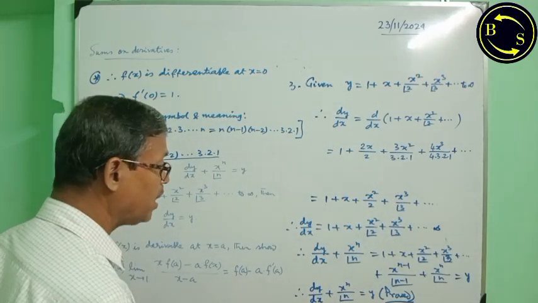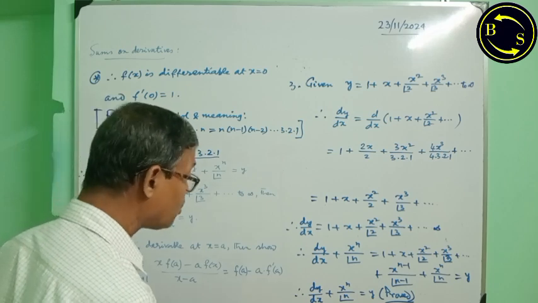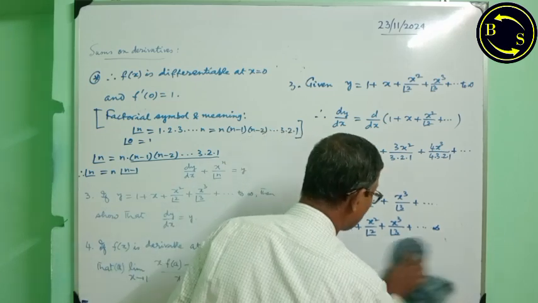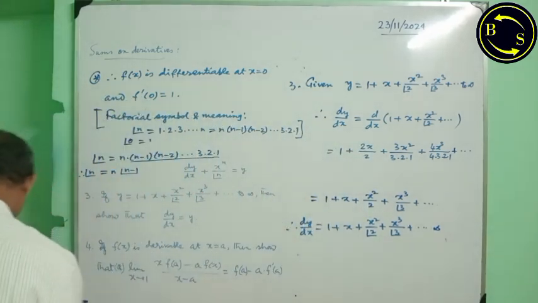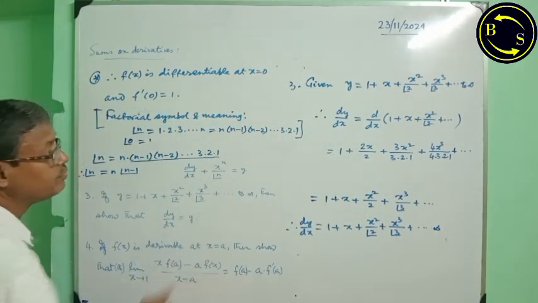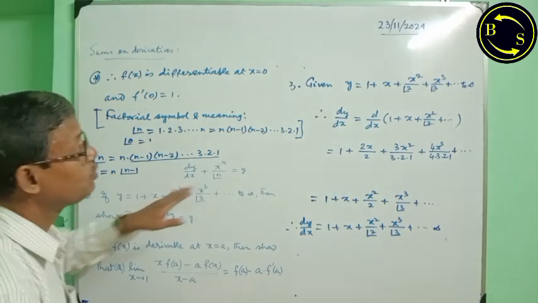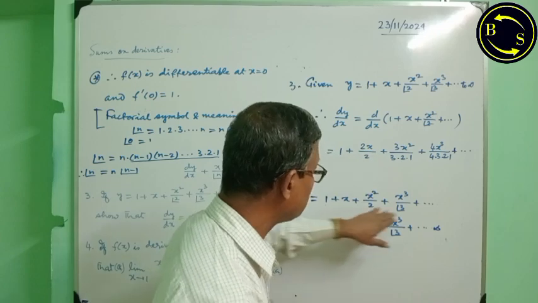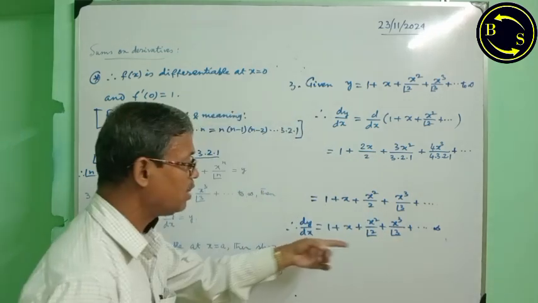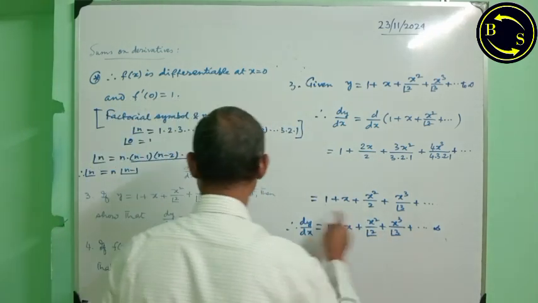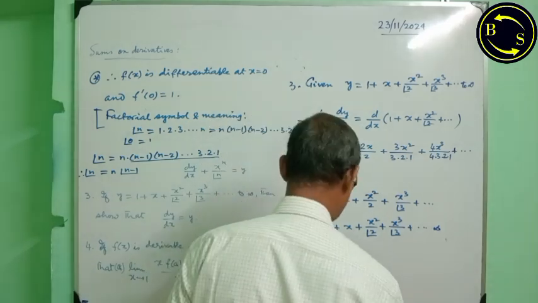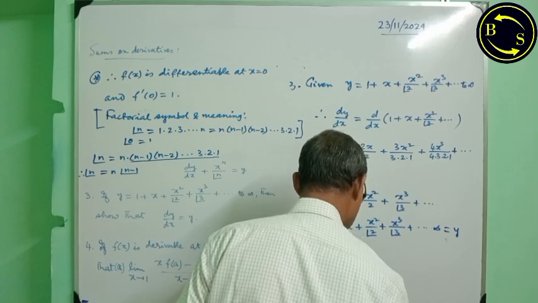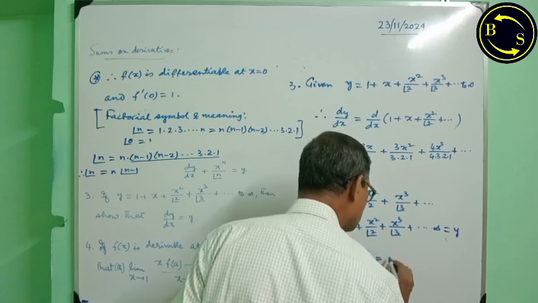Therefore, dy dx, what we get? This one. First y equal to this one, we differentiate it, and after simplification we get this one, and finally this one, and this is nothing but this y. Therefore, dy dx is equal to y.